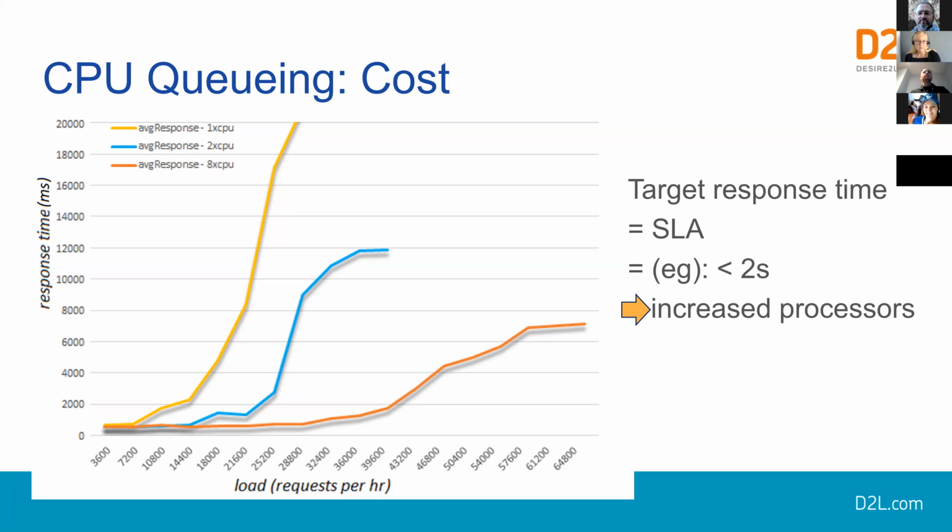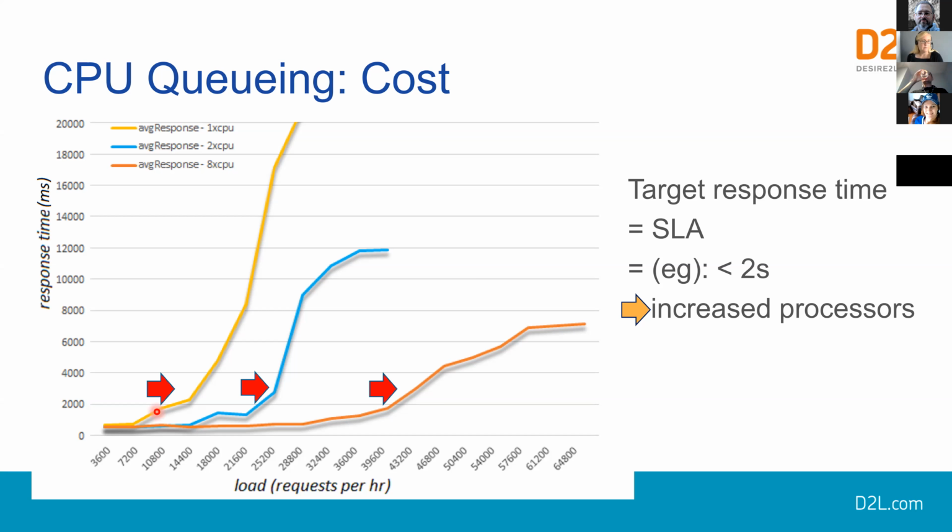So on the previous graphs, we chose an arbitrary load. Let's look at this instead from more of a user experience perspective. So let's imagine that we have contractually agreed to a maximum 2-second response time for a particular request. Sticking with a max of 2 seconds, we can support load here, here, and here.